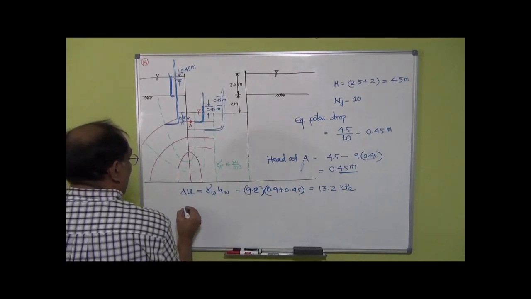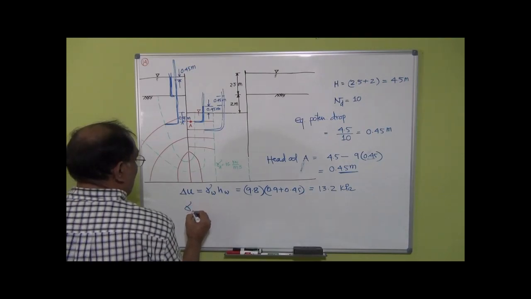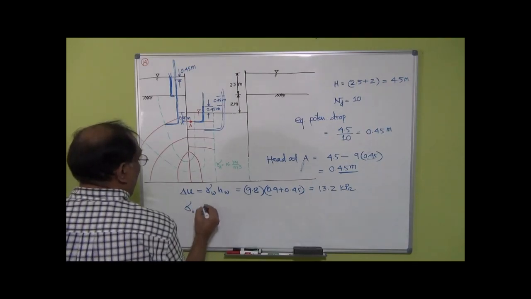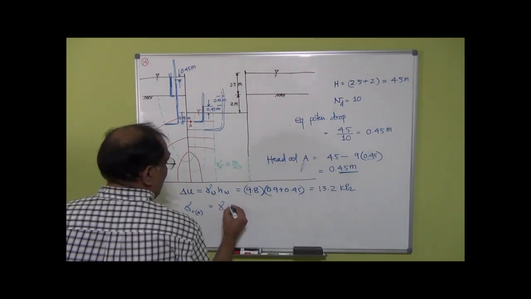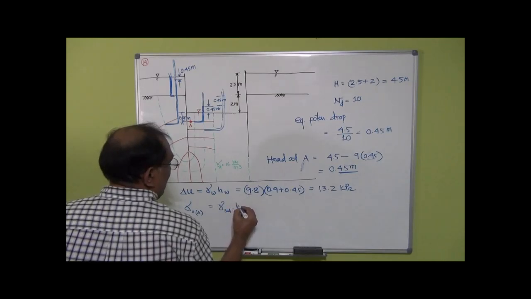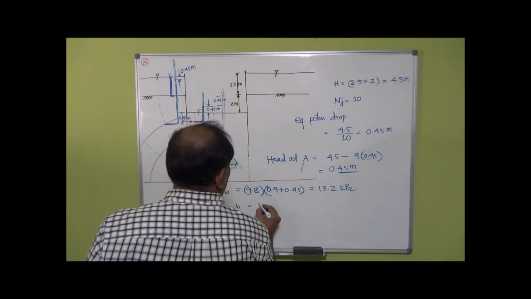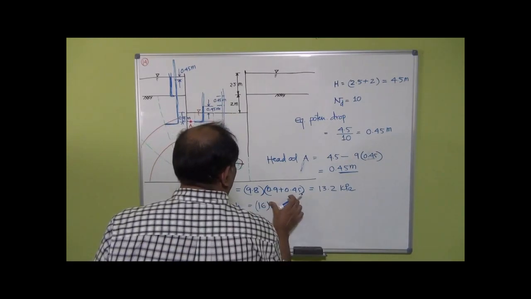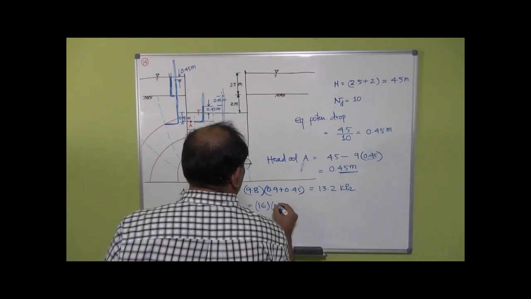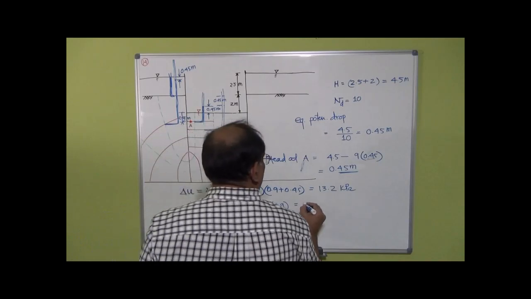Now you find out the total stress here. So total overburden stress at A would be gamma saturated into H. That's actually 16 multiplied by 0.9, which is 14.4.